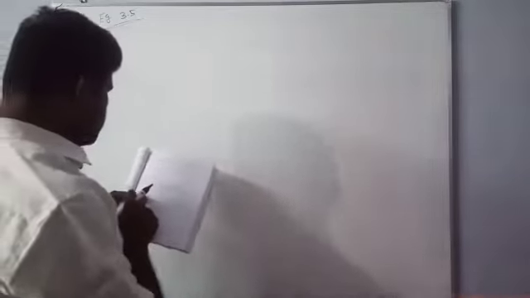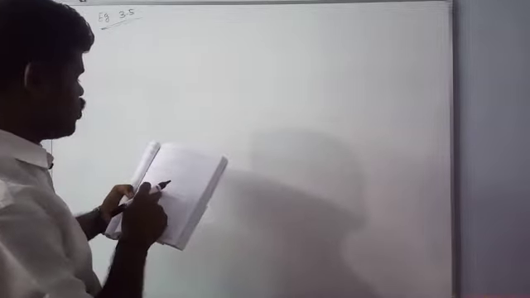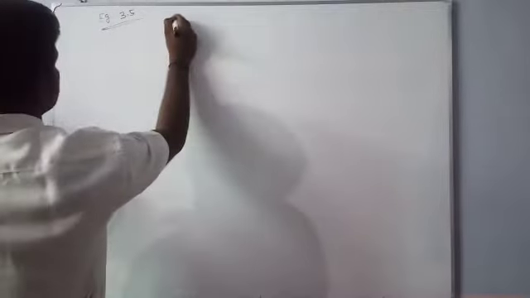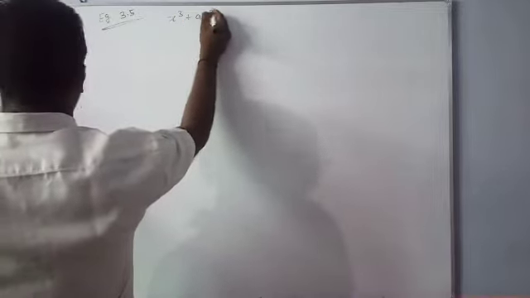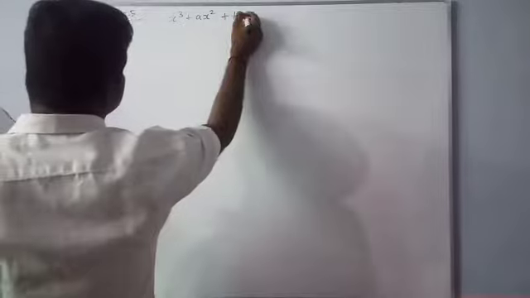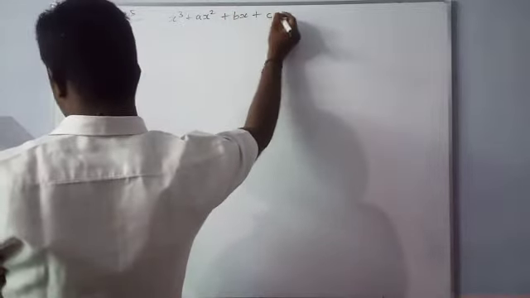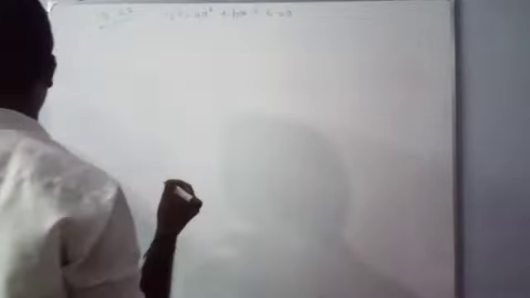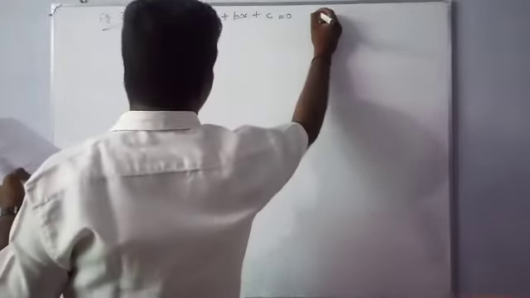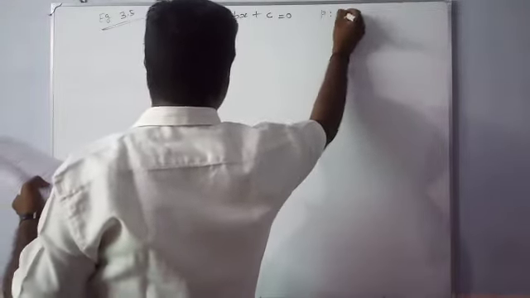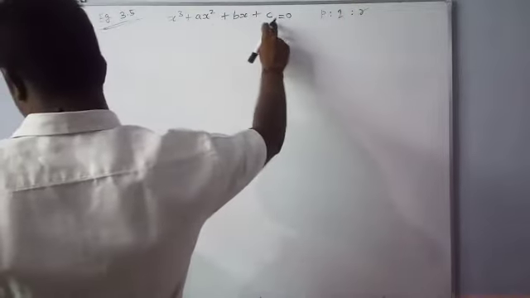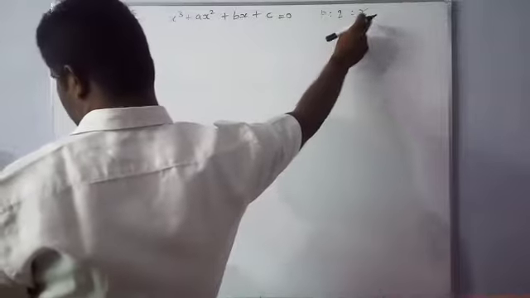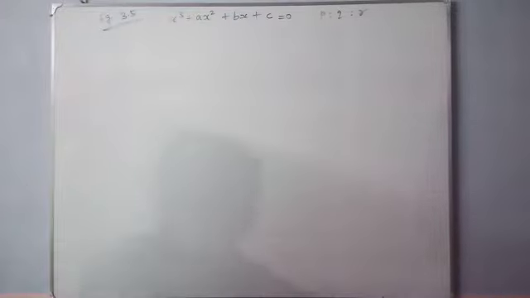Find the condition that the roots of the cubic equation x cube plus ax square plus bx plus c equal to 0 are in the ratio p is to q is to r. We want to find the condition for that.